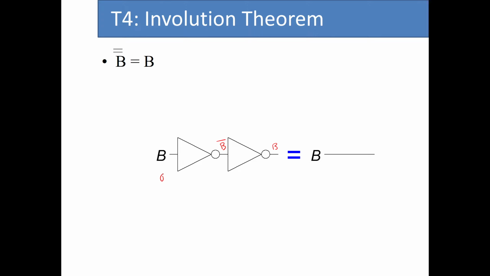So if b is 0, after one NOT gate, you have 1. After the second NOT gate, you have 0. If b was 1 to begin with, after one NOT gate, you get 0. And after another one, you get 1. So as you can see, b and b bar bar are exactly equal. So this is the involution theorem.